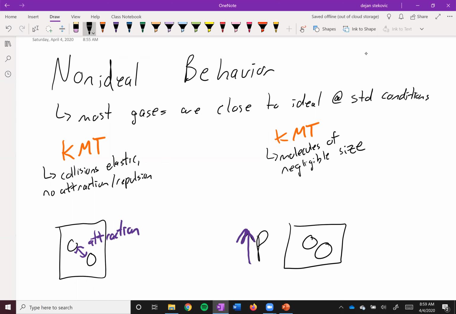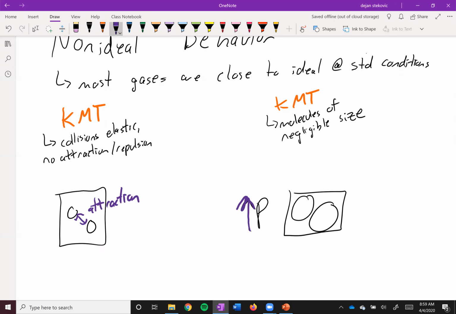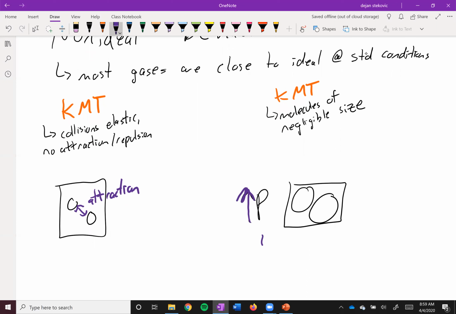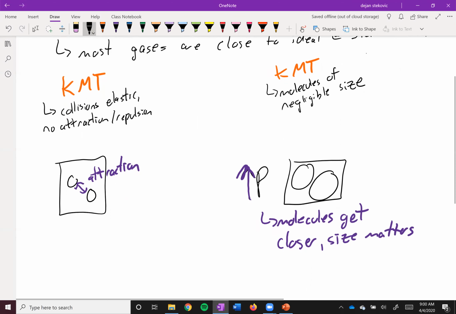And now they're really close together. Let me draw this even more exaggerated. If you try to compress this container anymore, try to increase the pressure, now the volume of these two gas molecules does matter, and you can't compress this anymore. And so as the molecules get closer together, because we're increasing pressure, size starts mattering. Our model falls apart at these high pressures because these gases do have size.